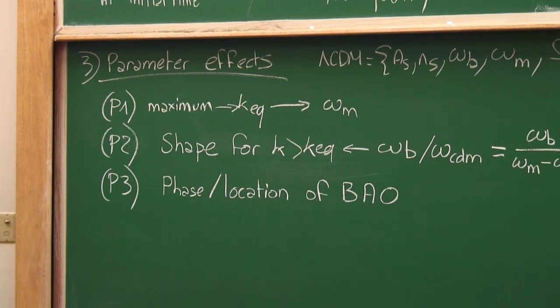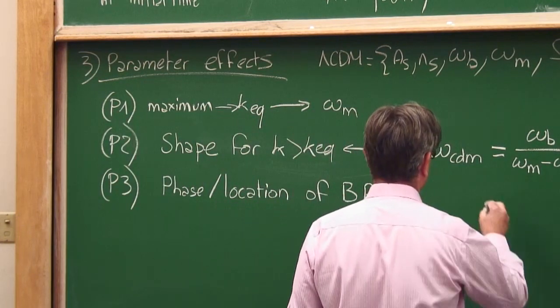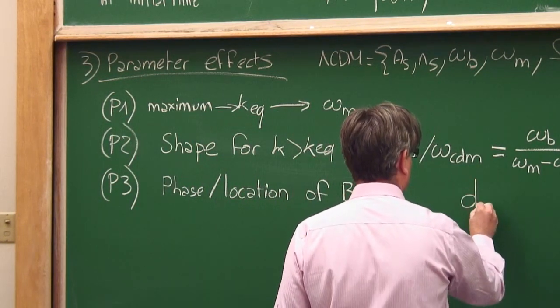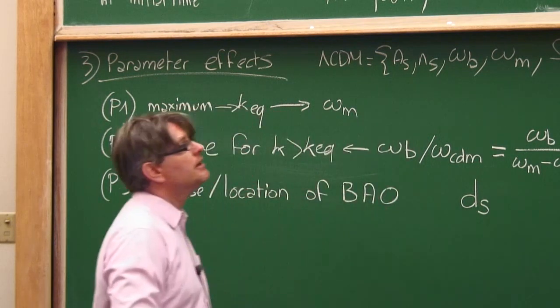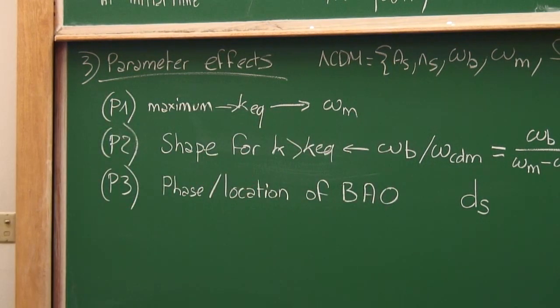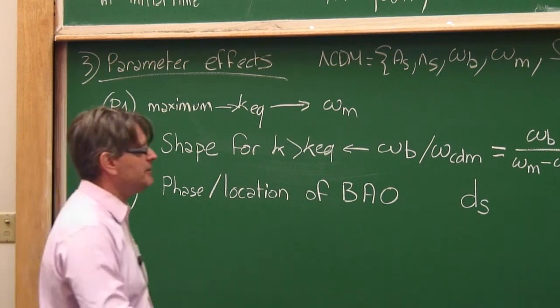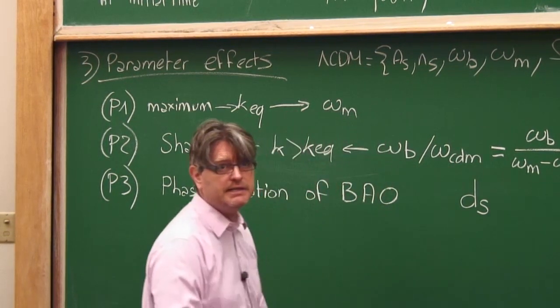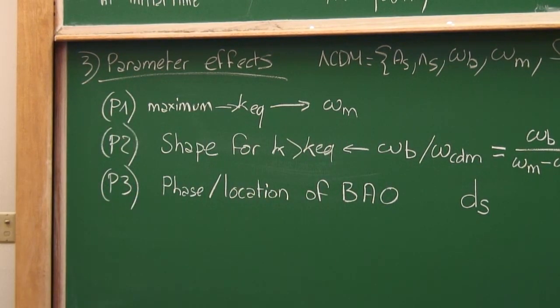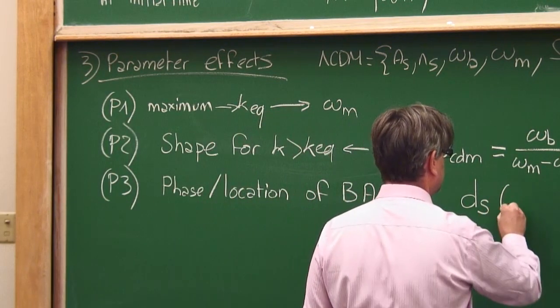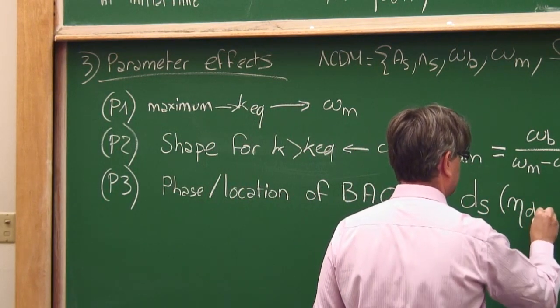So this phase and location of the BAO in Fourier space depends on the sound horizon. For the CMB, we had to divide by an angular diameter distance because the CMB spectrum was expressed in multipole space. Here we are in Fourier space. We don't need to divide by anything. This sound horizon should be computed at the baryon drag time.